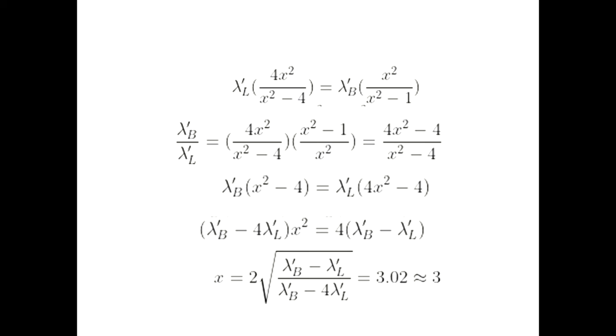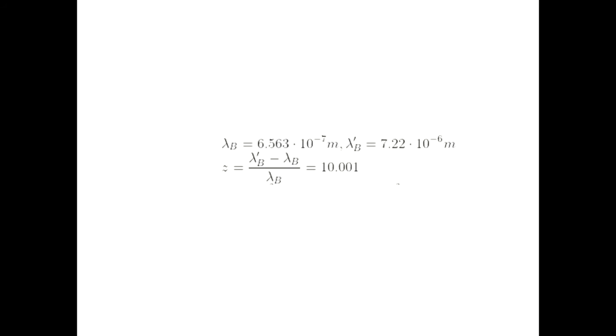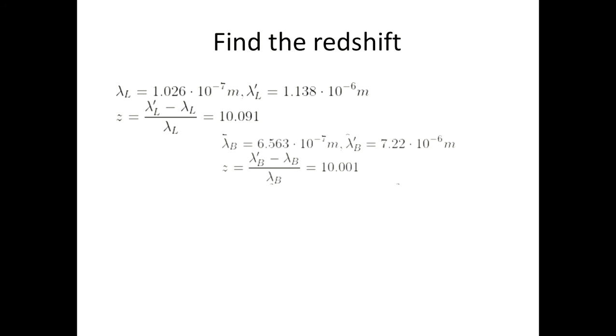When we get x, we can now get the initial wavelength of these. So the initial wavelength for the Lyman is this, and for the Balmer is this. And the redshifted wavelength is this, such that we can find the redshift right here. For the Lyman, it's 10.091, and for the Balmer, it's 10.001.